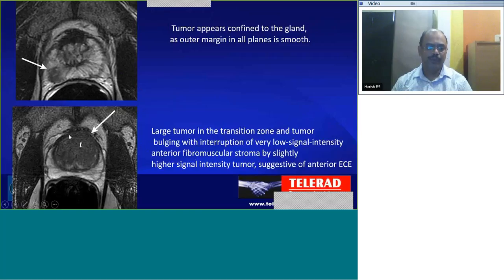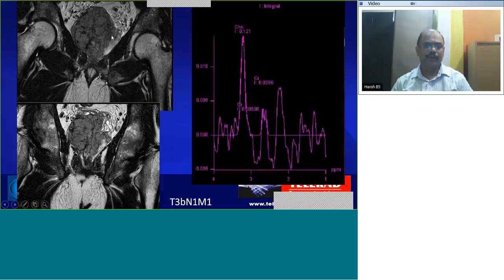So the loss of the very low signal intensity anterior fibromuscular stroma in case of anterior tumors should raise suspicion of extracapsular extension, as is demonstrated in this image. Next, we have a T3 disease, wherein the tumor has extended beyond the capsule of the prostate and involved the seminal vesicles bilaterally.